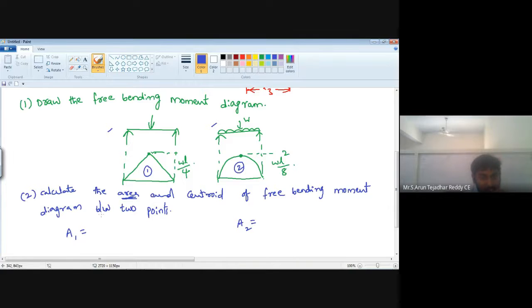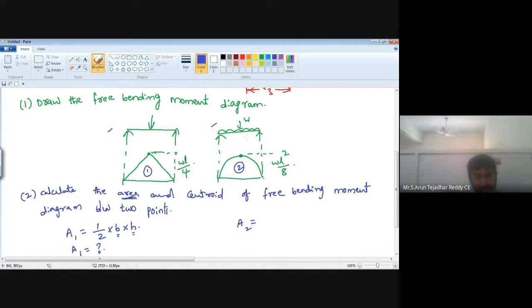So the area of the triangle is half into base into height. Now whatever the values are here, you can substitute in place of B and H, then you will get area 1.